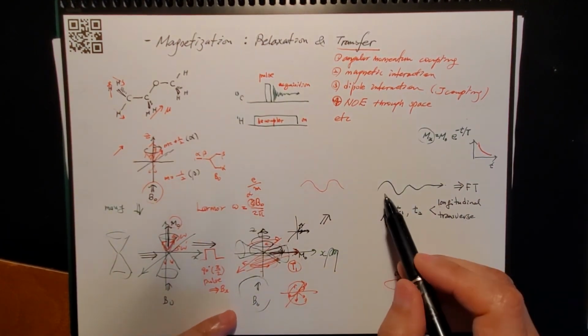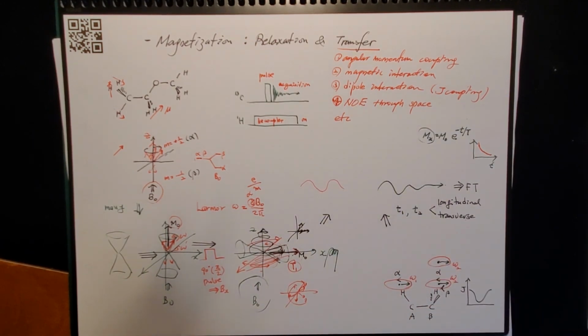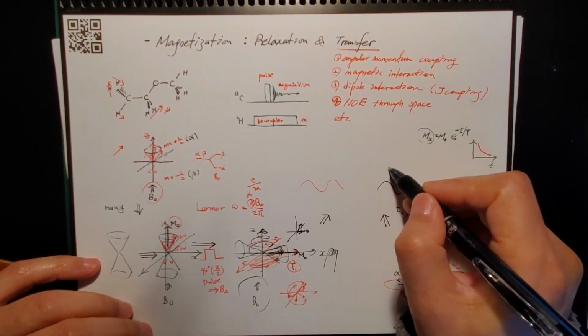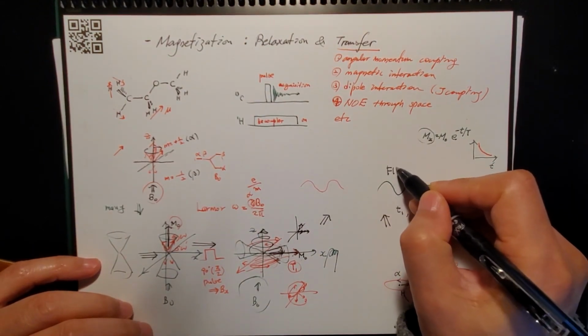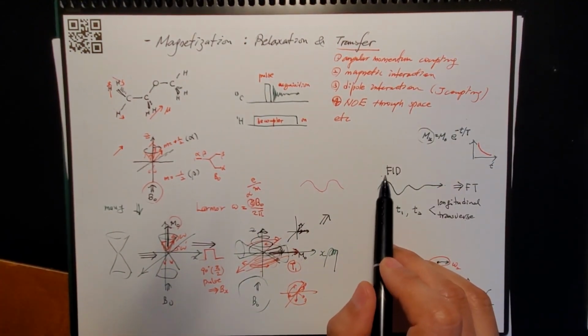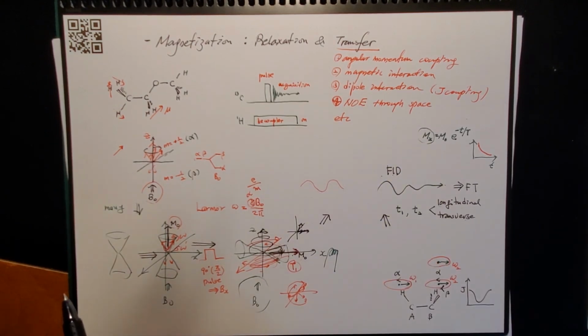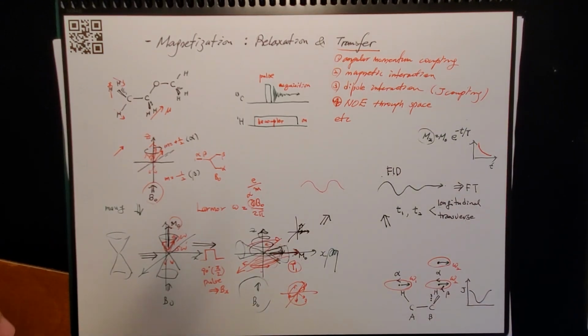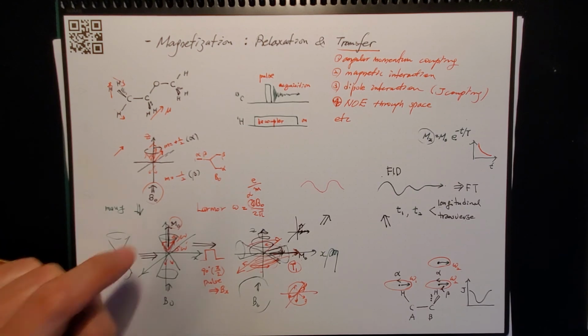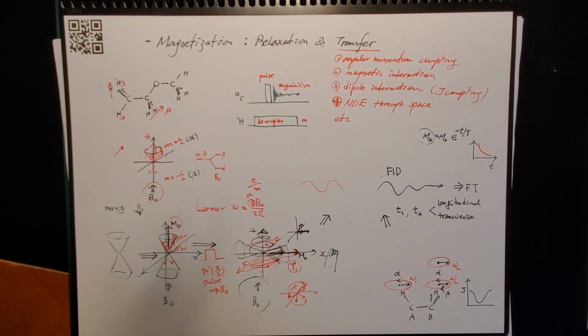Together you come up with the so-called FID, free induced decay. That's the total magnetization's trend while it is going back to the original magnetization state.